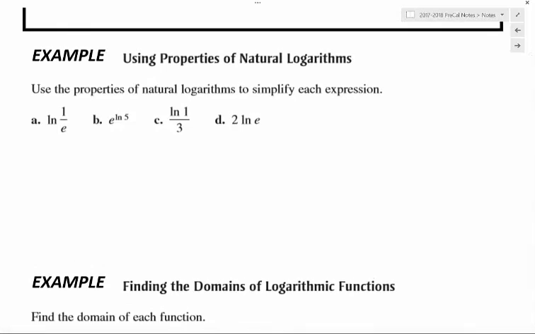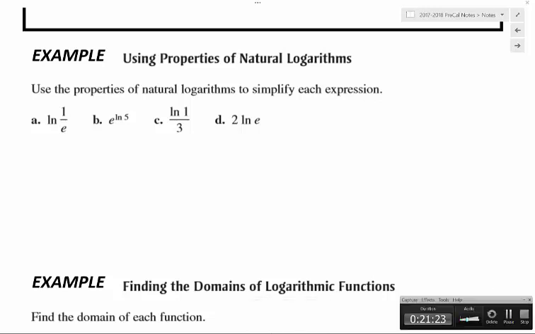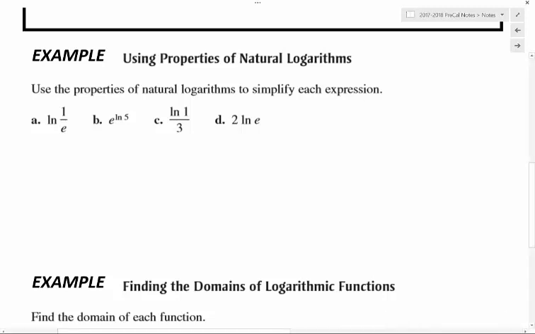So the natural log of 1 over e, well, we rewrite this and reduce this back down to what it was, and that is a -1 power. Remember, when I have a negative exponent, it causes whatever the base is to go into the denominator.